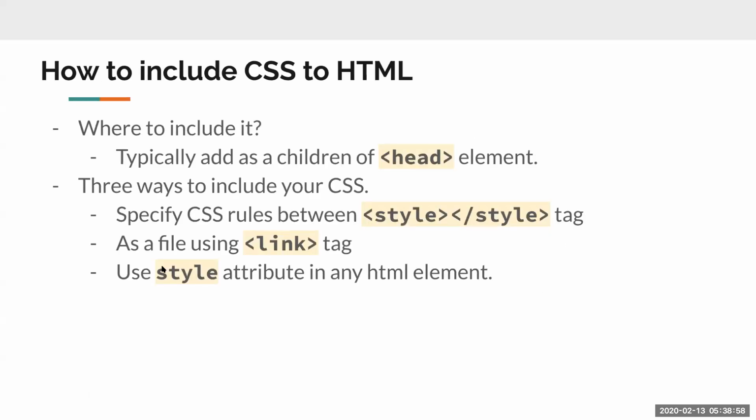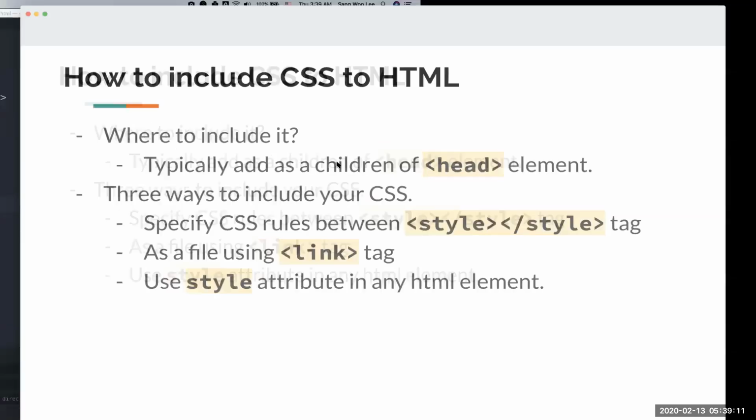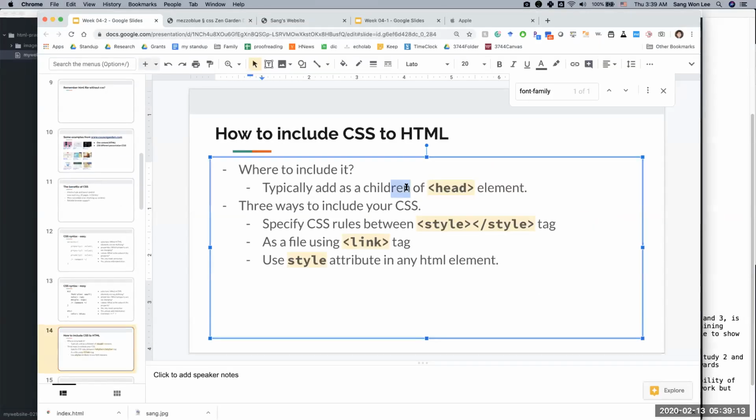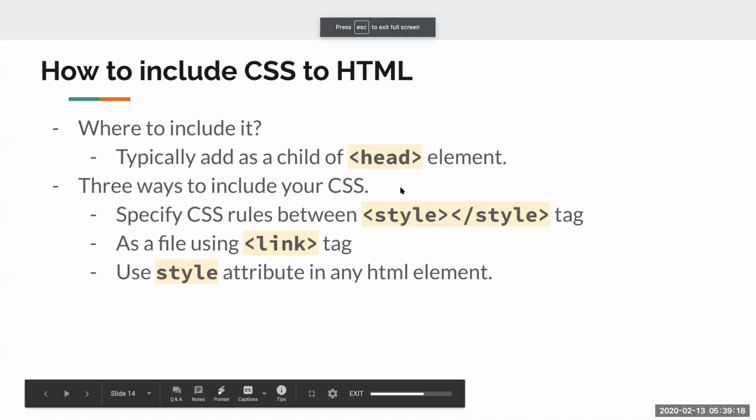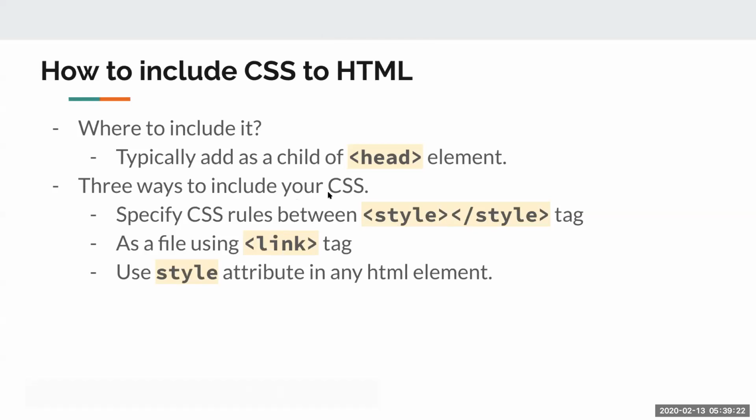So before we go into this, how do we include CSS in HTML? Where to include it? Typically as a child of the head element, because it's one element, or I mean, there could be multiple style tags. There are three ways to include your CSS.